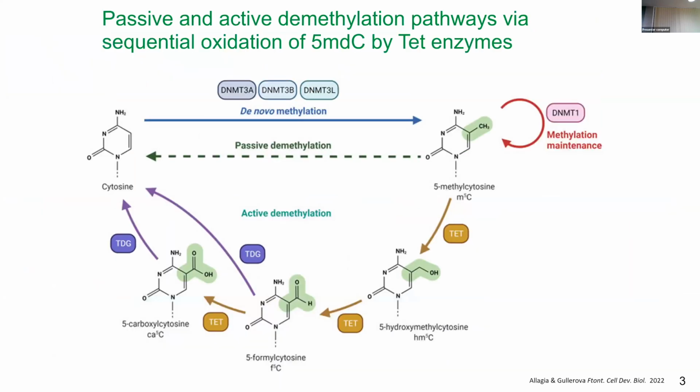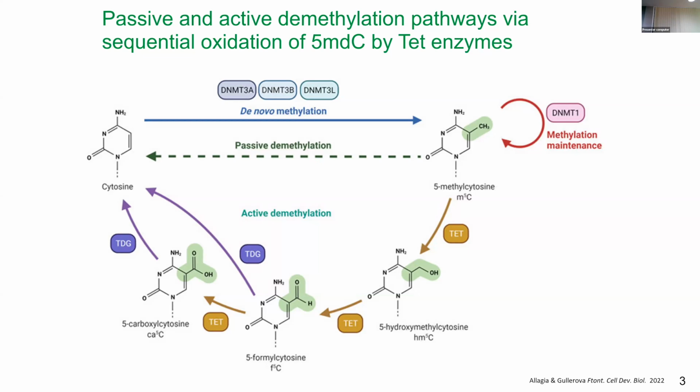Who are the players that install and regulate these marks? For instance, 5-methylcytidine is installed by different methyltransferases, and then we can have passive demethylation, for instance during cell division, if there's no de novo methylation happening, so we get a dilution of methylation.